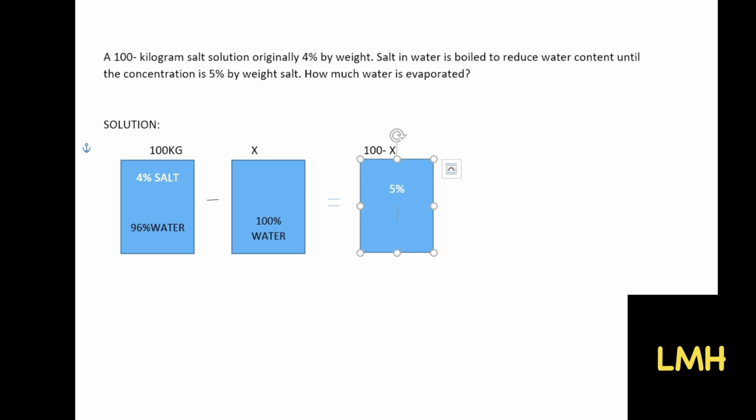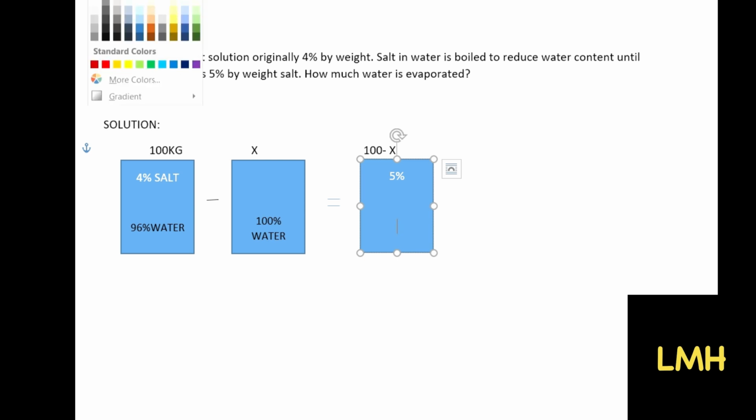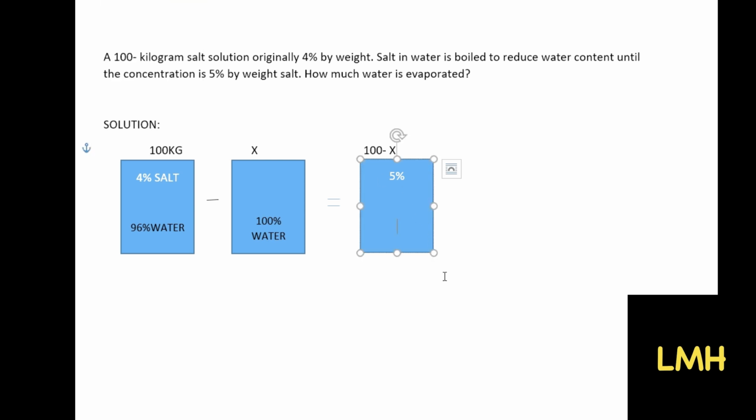For the bottom, given 100% minus the 5%, the remaining will be 95%. Remember, align it with the layer of water with black text. 95%.